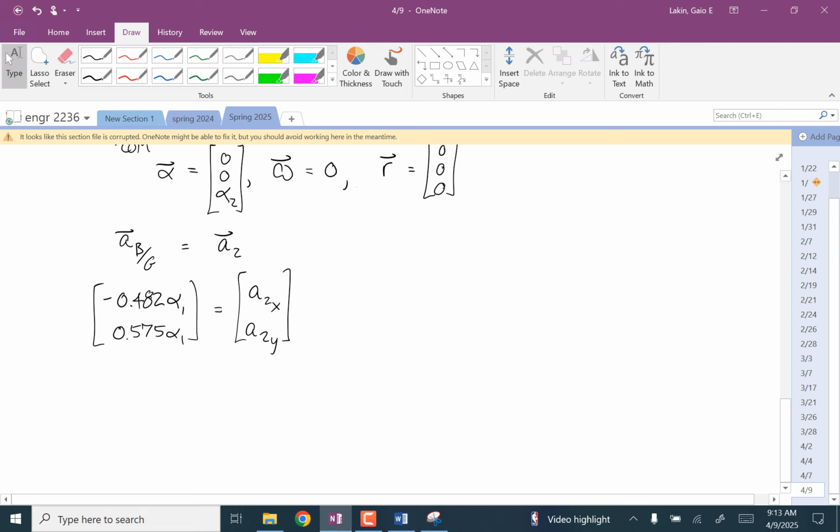And so our fifth equation says 0.482 alpha 1 plus a2x is equal to 0.